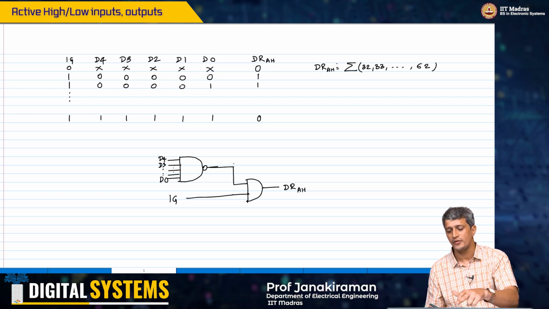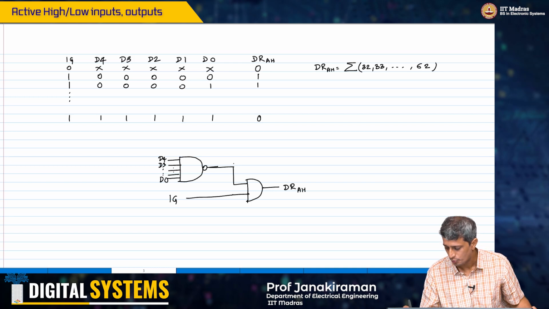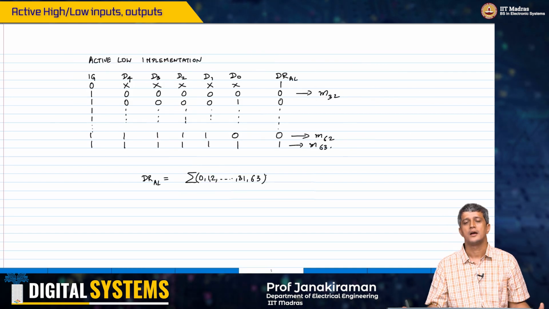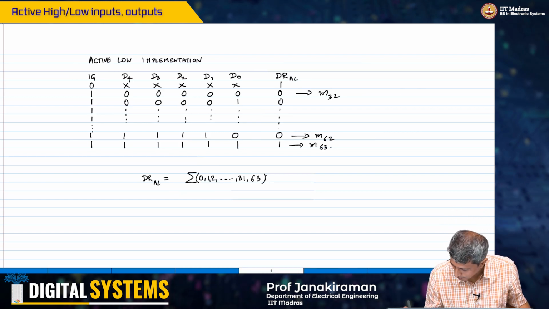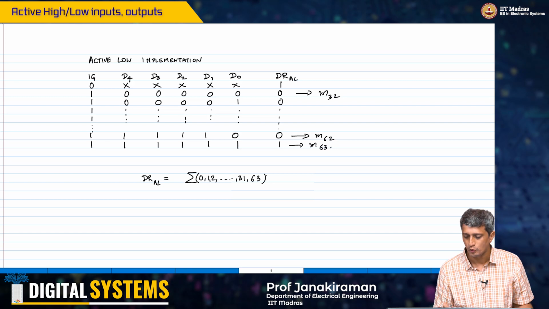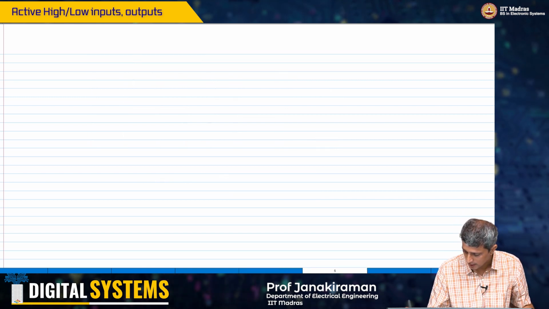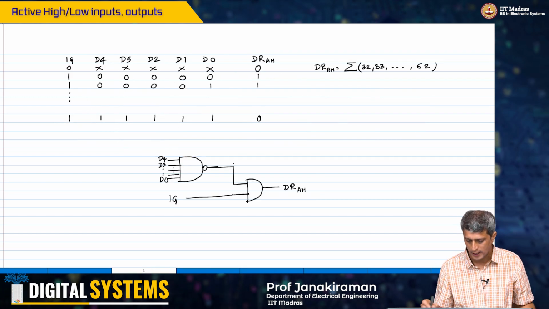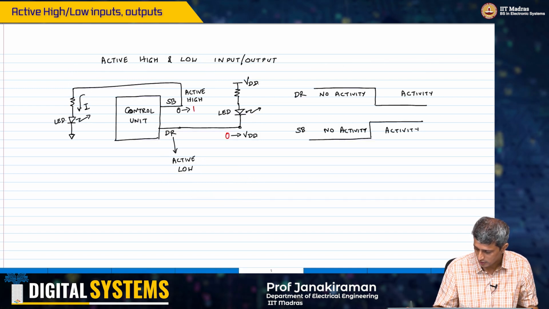So in some sense we are saying DRAH happens to be a logical inversion of DRAL. Okay, and if you try to do this Boolean simplification, you will get a certain expression which we can just show. All you have to do is take this AH implementation, right.